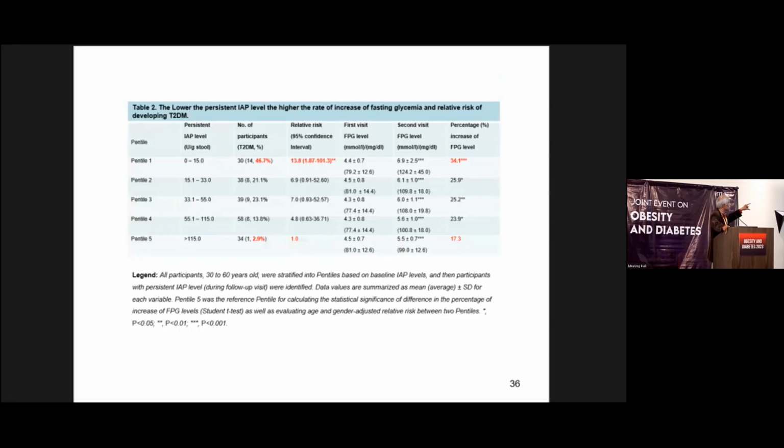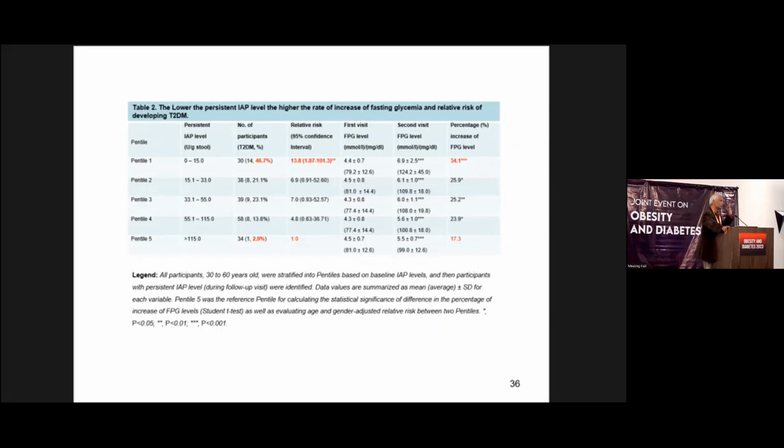And this, I don't know whether you can see. We divided the participants into 5 groups by persistent level of IAP. One group was 0 to 15, then 15 to 30, then 33 to 55, then 55 to 150, and then more than 150.